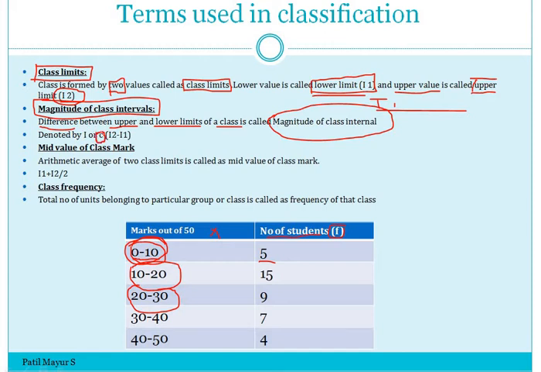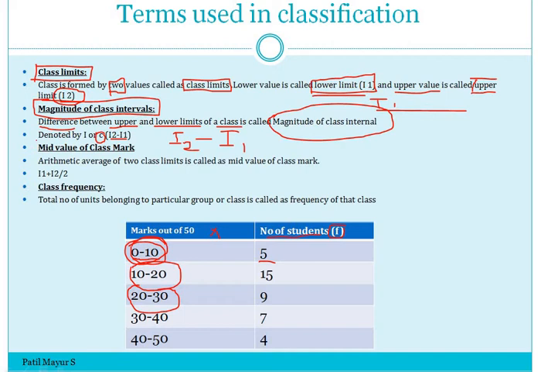This i or c is nothing but l2, which means the upper limit, minus l1. So l2 minus l1 is the magnitude of the class interval. This is the second terminology.